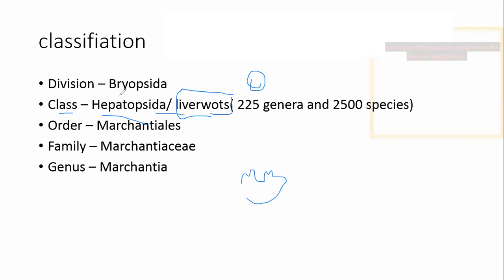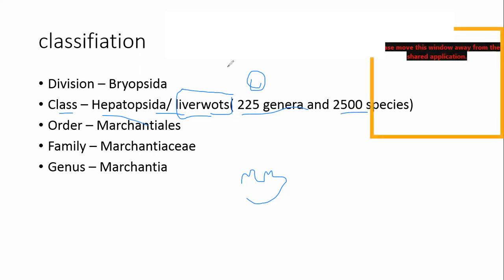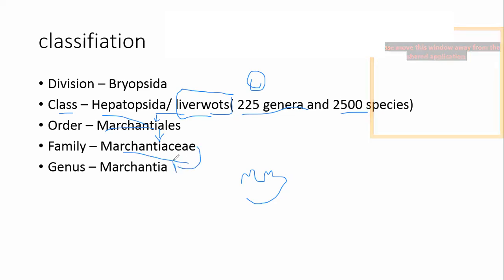In Hepaticopsida, there are around 285 genera and 2,500 species. Again, Hepaticopsida is classified into different orders. One such order is Marchantiales. Under Marchantiales, there is one family called Marchantiaceae. Under Marchantiaceae, we study Marchantia, that is the genus.